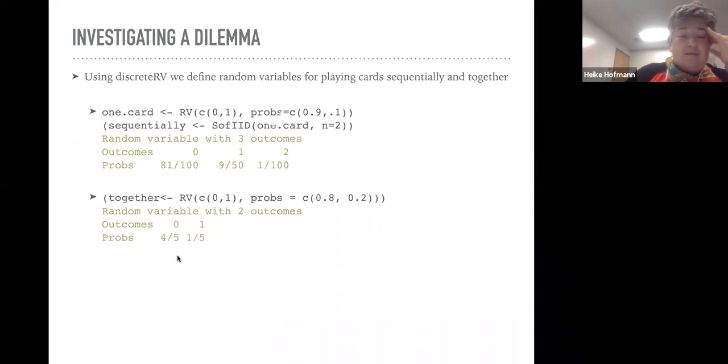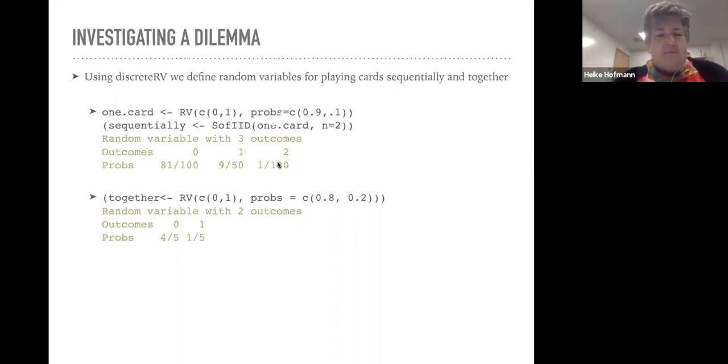So maybe by putting those 2 cards together, we essentially reduce our risk of getting no chip from 81 out of 100 to 80 out of 100. But at the same time, we're losing our potential chance to get 2 chips, also with 1%. So we're reducing our risk here by 1%, and we're giving up a potential bigger win, also with 1% chance.